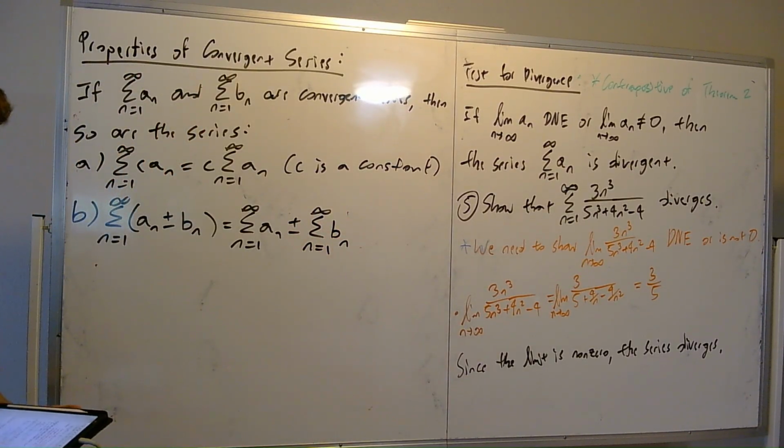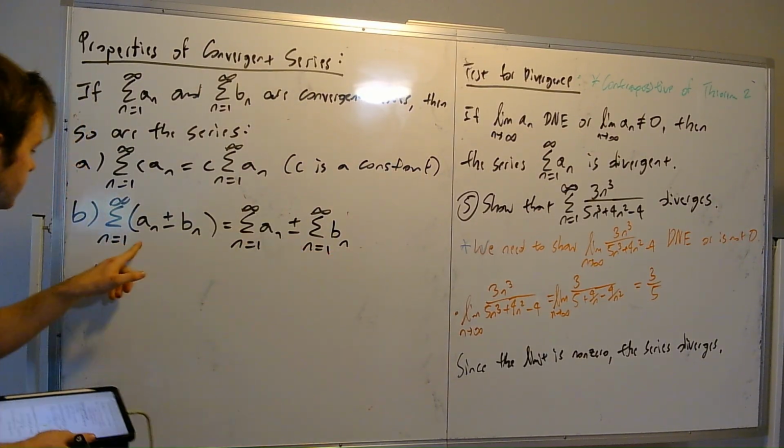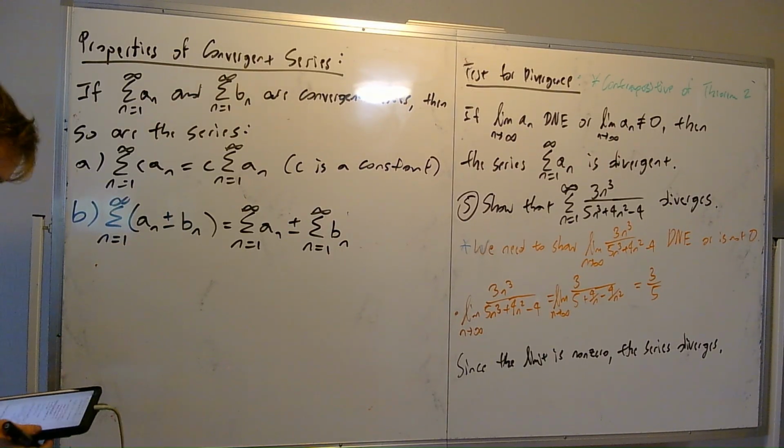Since each of these is a convergent series, each is just some number, so overall this is just some number, so it's a convergent series.